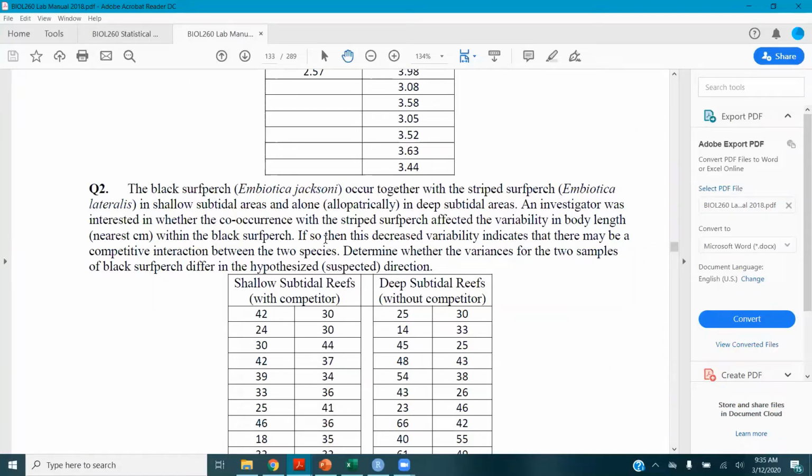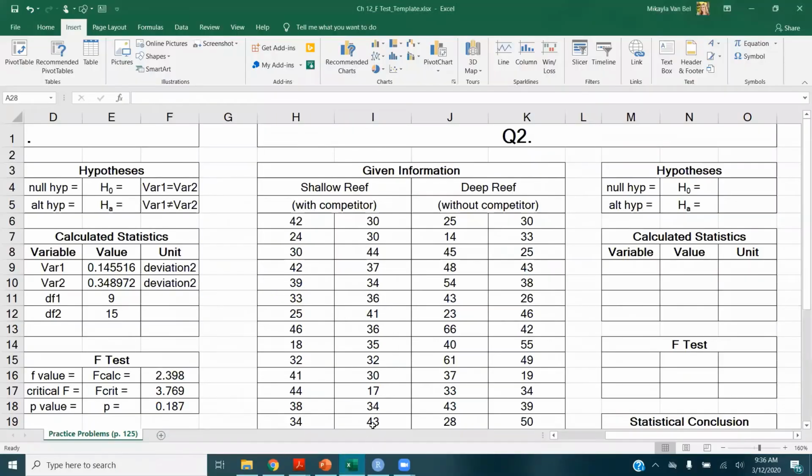And if so, the decreased variability would mean there's some competitive interaction in this ecology interest. So this question asks us to determine whether these variances differ in the suspected direction, that being the decreased variability direction. Let's go ahead and look at that in Excel.